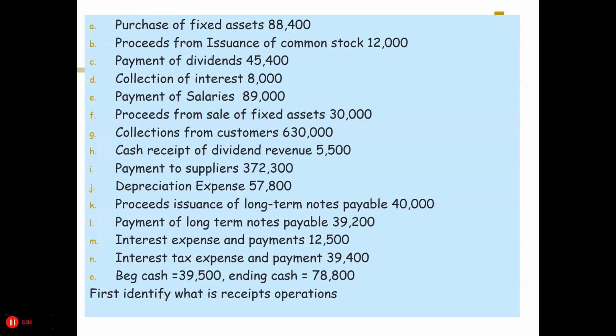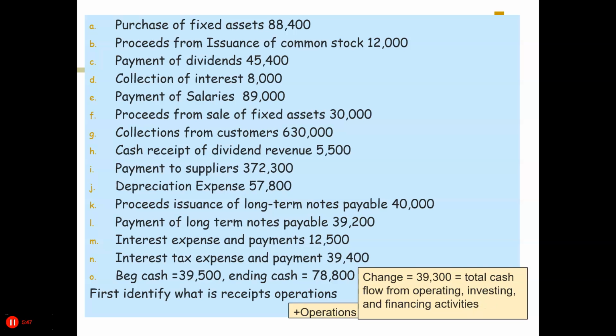So first, what we want to look for is anything that would be identified as a receipt from operations. First, we would look at the change in our cash account, because that tells us in the end our total cash has to equal $39,300.